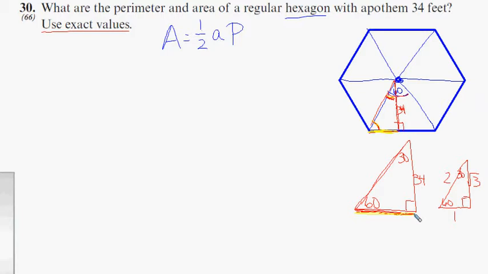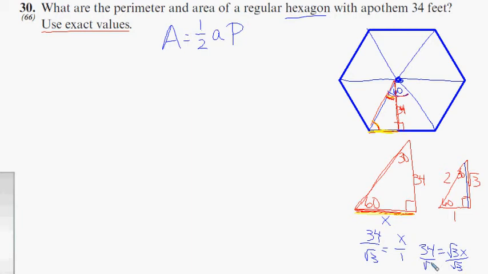So if you notice, please, the square root of 3, in other words, this leg, times this leg over 1. So square root of 3, and this is the one we don't know. So let's say 34 is to the square root of 3 as x is to 1. So when we cross multiply, we get 34 is equal to the square root of 3 times x.